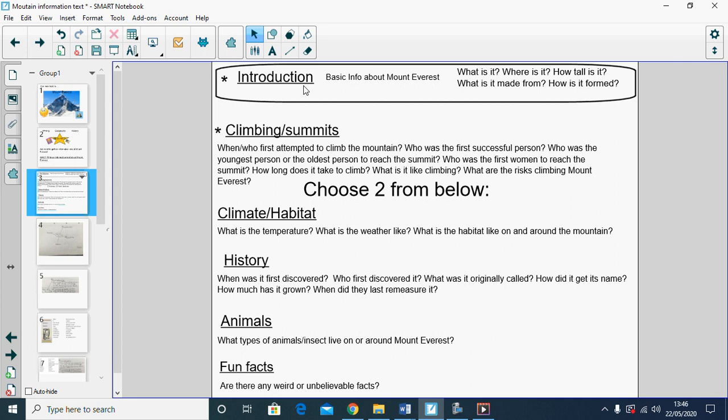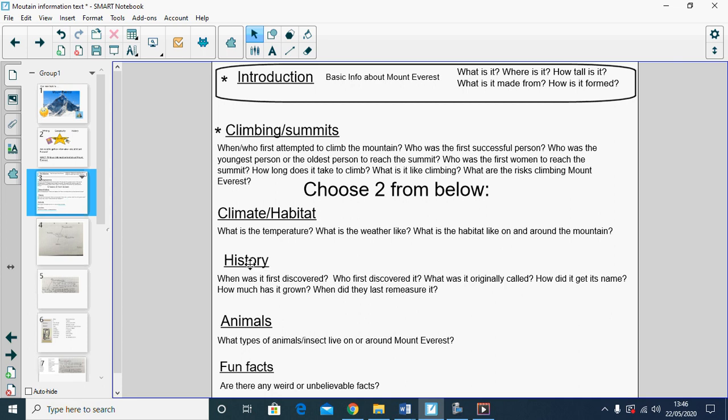So you have to do your introduction, you have to do the climbing one, and then you have a choice to choose two of these topics below to research. Okay, so you could choose the climate. What's the temperature like, the weather, what's the habitat like around the mountain? Maybe it's forest, it's snowy, it could be a desert, I don't know.